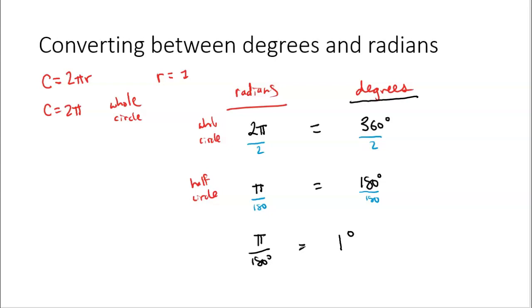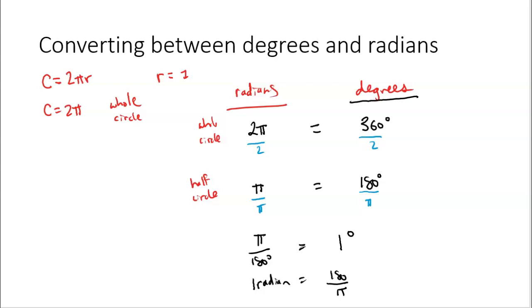And this is going to be very useful when we are converting. Now, what else could I do? Come back over here. I could divide both sides, instead of by 180, by pi. If I do that, I'm going to have 1 radian is equal to 180 over pi.